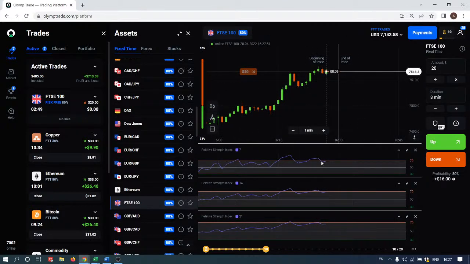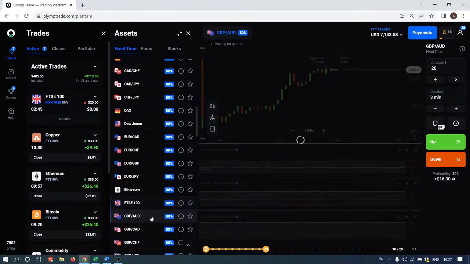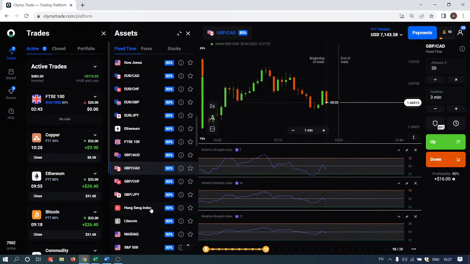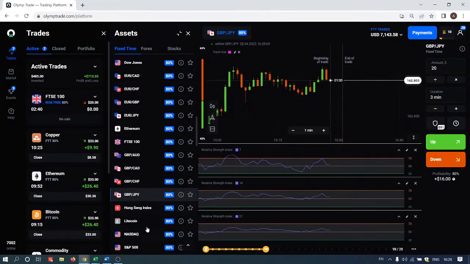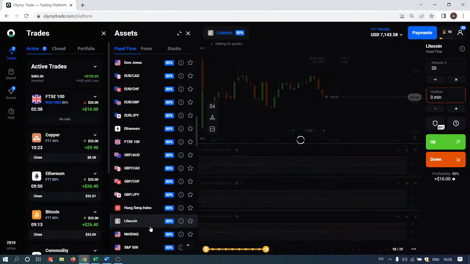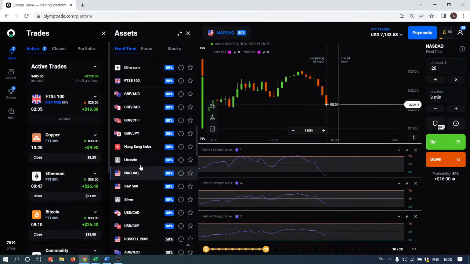And this trade is in the downwards direction according to the signal from the RSI, or actually from two RSIs. And wow, Nasdaq is dropping.